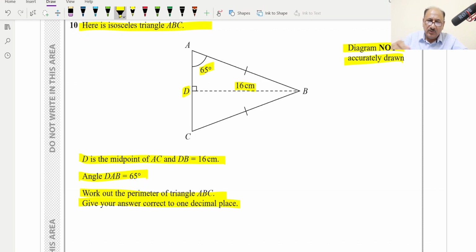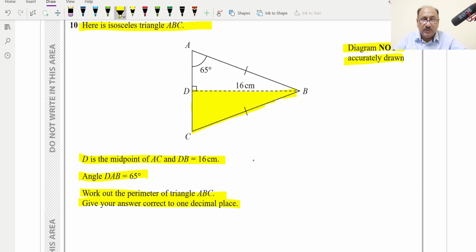So what we can do, first of all, is consider this triangle. Which triangle will we be considering? We will be considering this triangle. Hopefully you will be understanding this also.